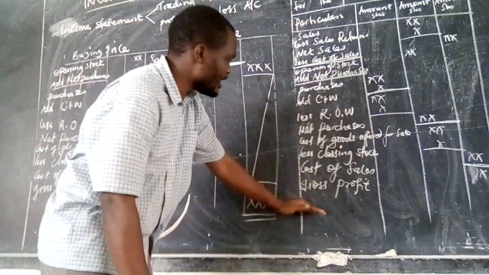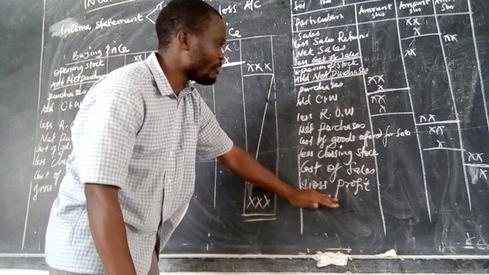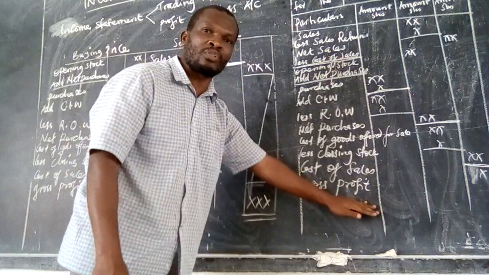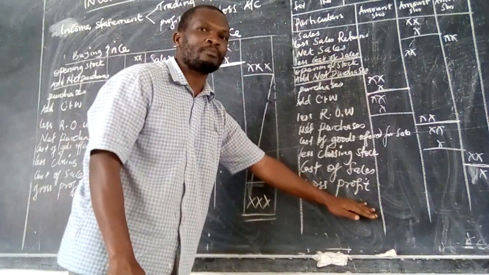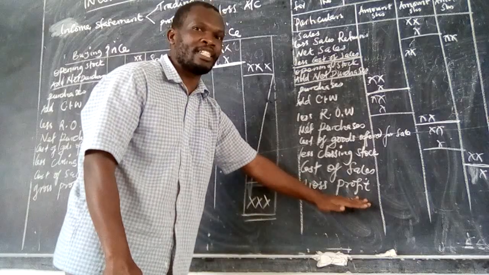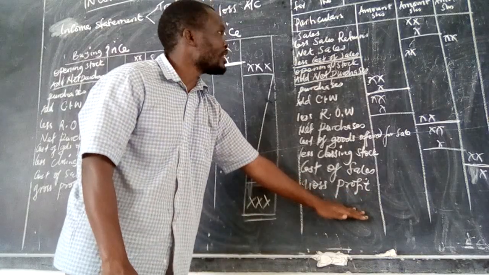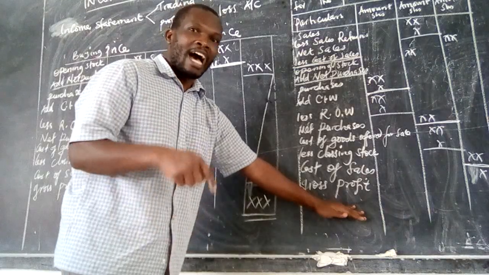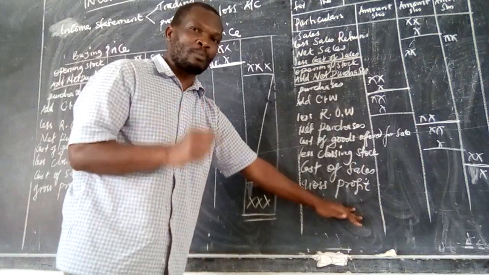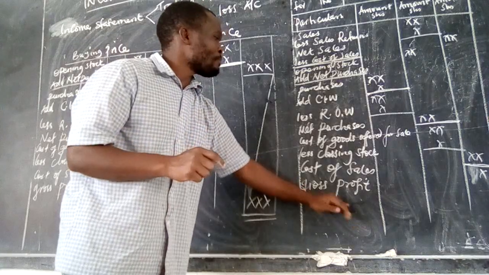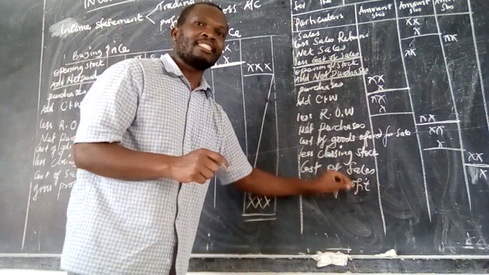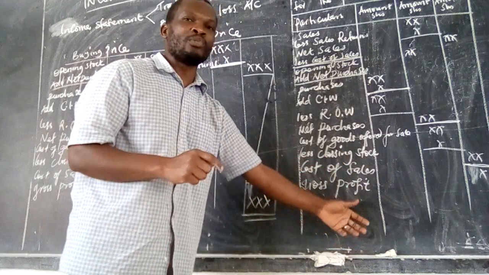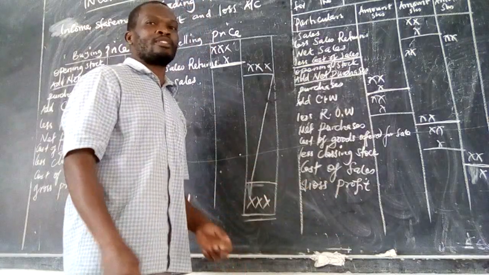Where we have ended is gross profit or gross loss; that's where the trading account ends. After getting gross profit, you say add other incomes. The moment you start that, that is a profit and loss account.